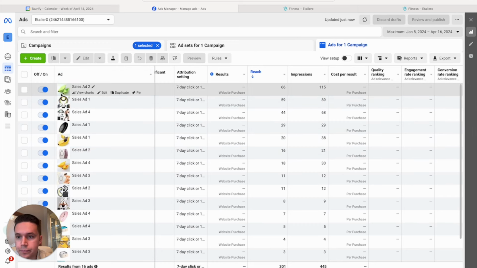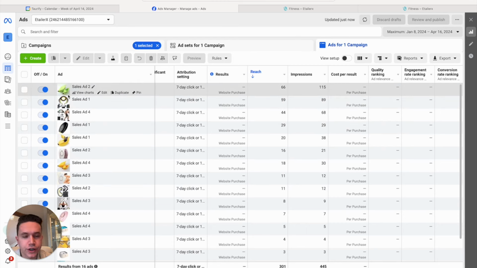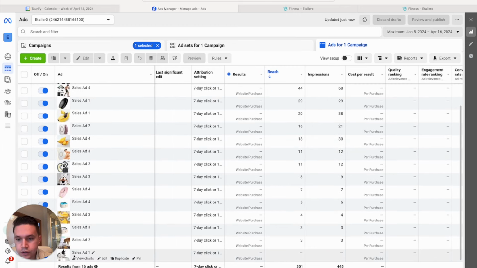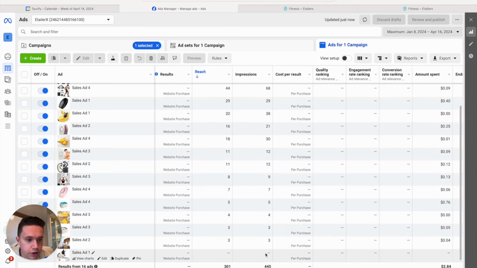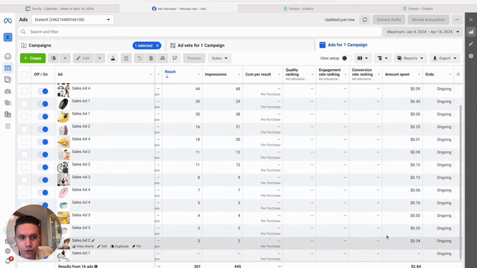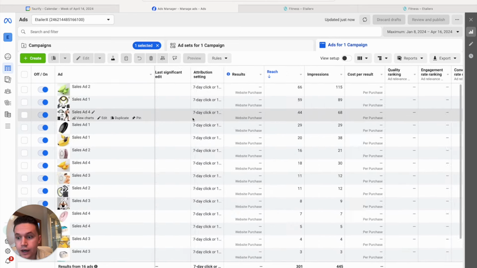So ad set number 2, that green banana, and a couple of these resistance band ads are performing the best. People are staying on them longer. They're clicking on them. They're liking them. So these are getting most of the ad spend. Whereas down here, for whatever reason, this dog bowl sales ad 1, Facebook is starting to determine, hey, it's not working very well, so they're not spending any money on it. That's how this works.